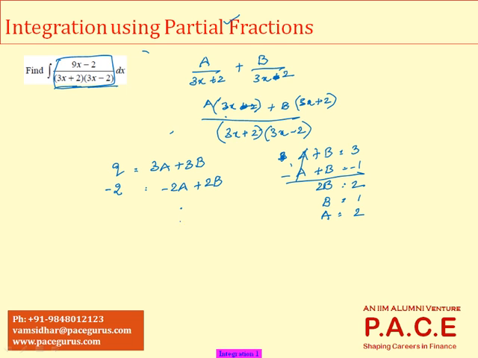So this entire thing can be written as 2 by 3x plus 2 plus 1 by 3x minus 2. If you simplify it, you should get exactly the same expression as 9x plus 2 over the original denominator. So first I have split the whole fraction into two different fractions using partial fractions.